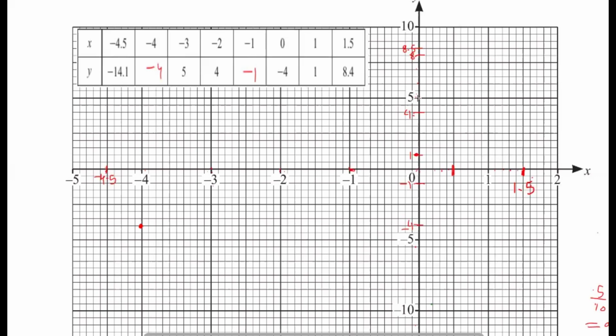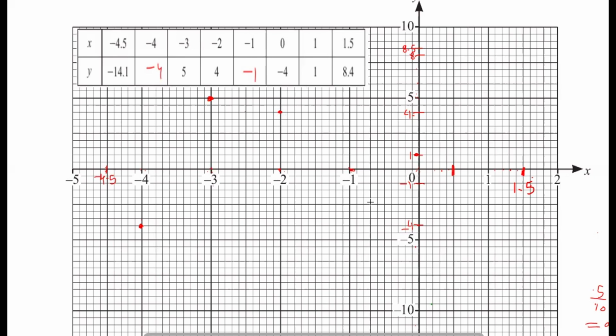Same, we draw the vertical and horizontal lines, both meet at this position. This is (-3, 5). Next is (-2, 4). Look here, the x coordinate is -2 on the x-axis, and this is the position 4. We will draw the horizontal line and the vertical line from -2, and both meet at this position. This is the point (-2, 4).